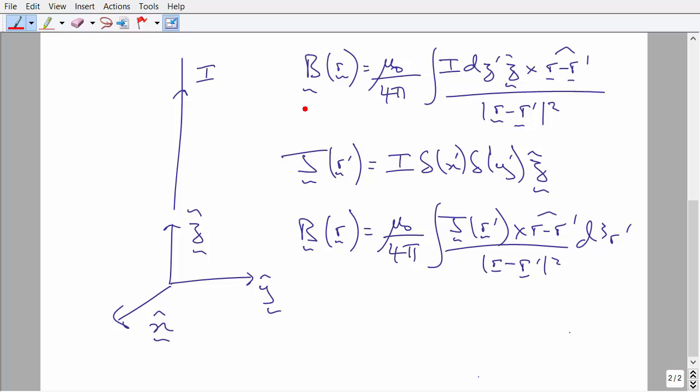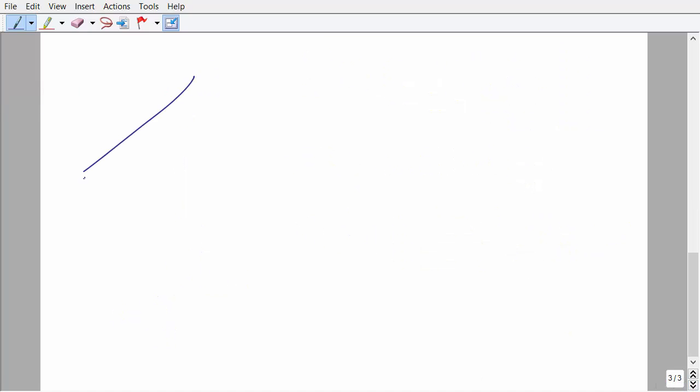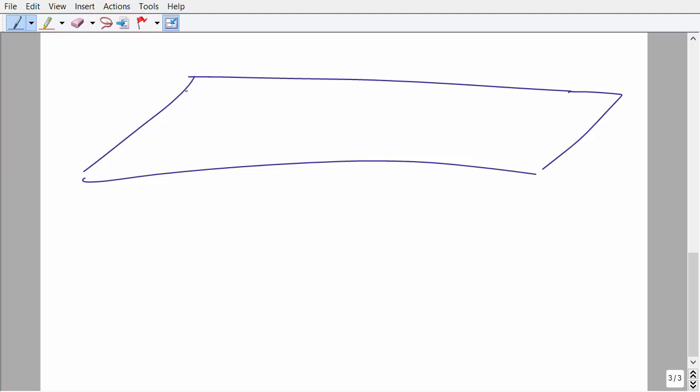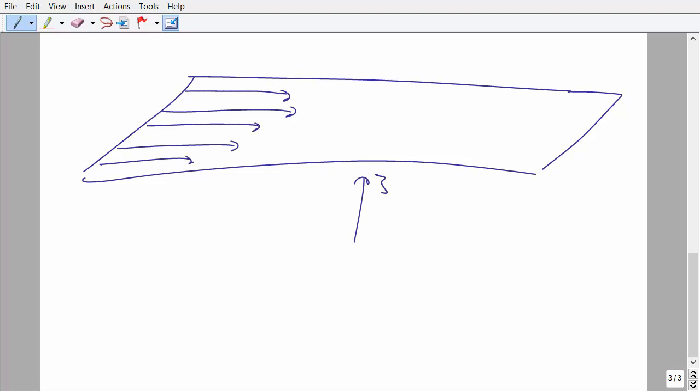This is really very nice because it gives us a nice way to generalize this three-dimensional result. Let's consider a two-dimensional result, and we'll see that delta functions are similarly useful in that situation. Okay, so what I've drawn here is a two-dimensional sheet of current.